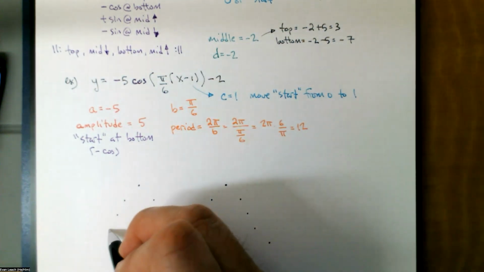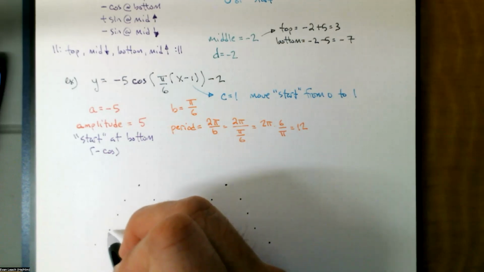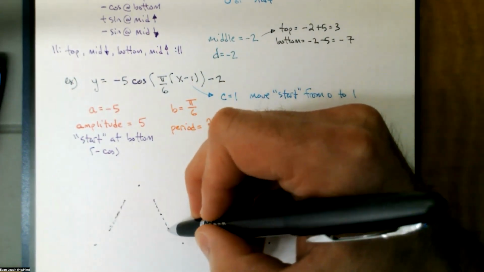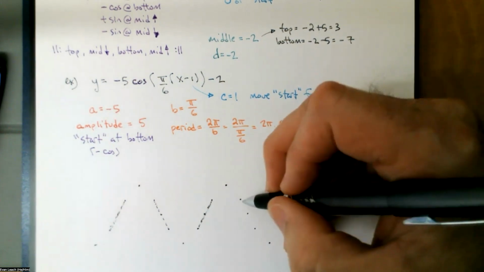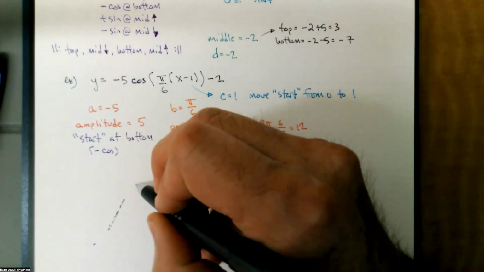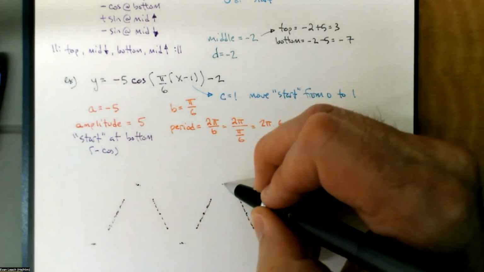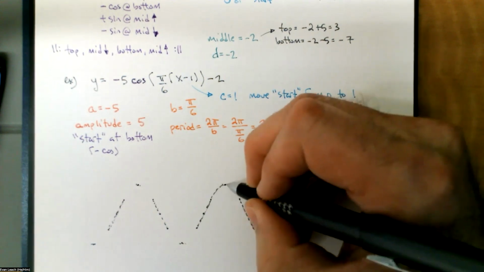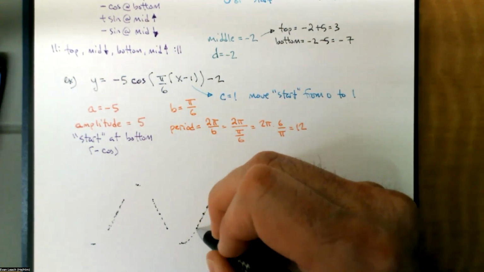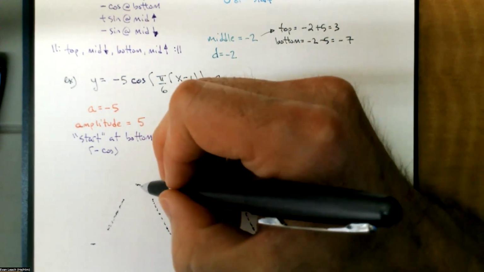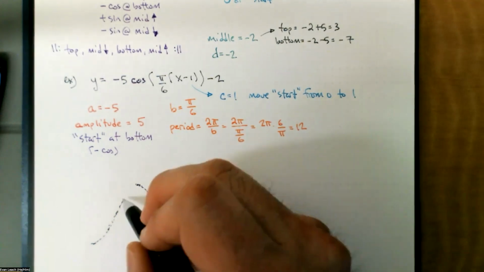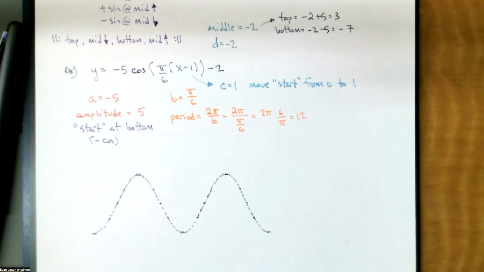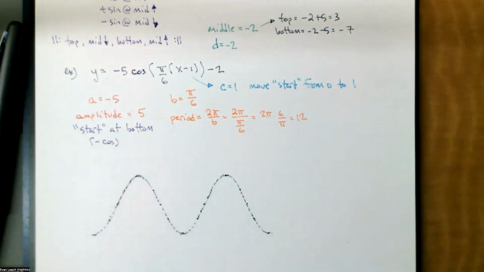So here is a generic sinusoid. The things that we can identify are where the middle is.